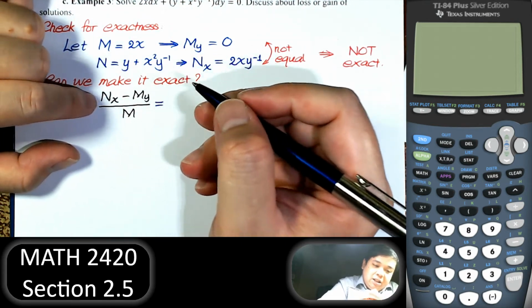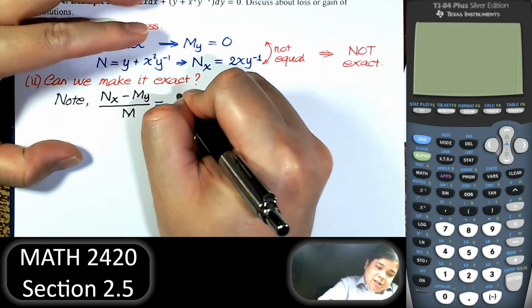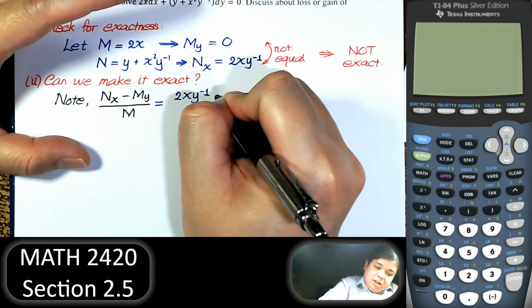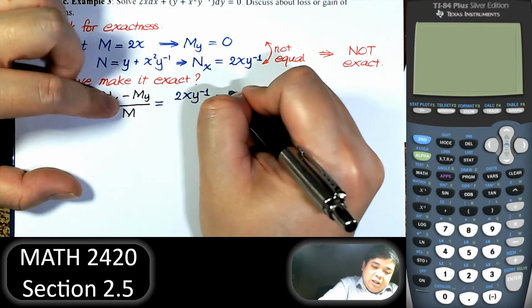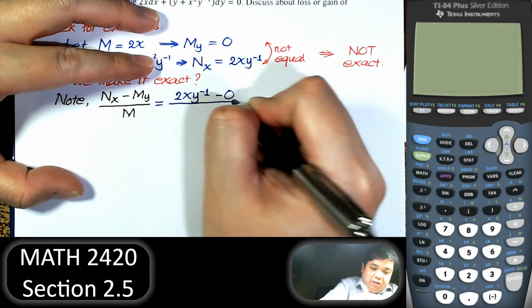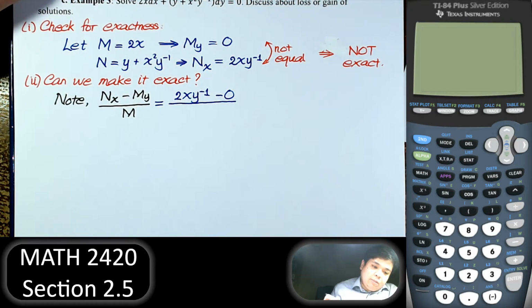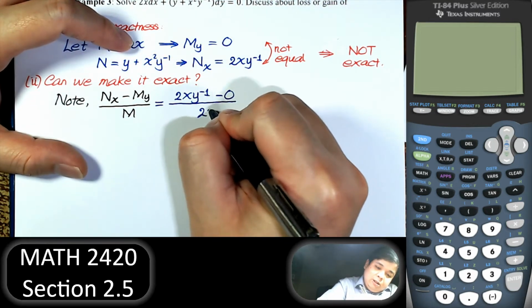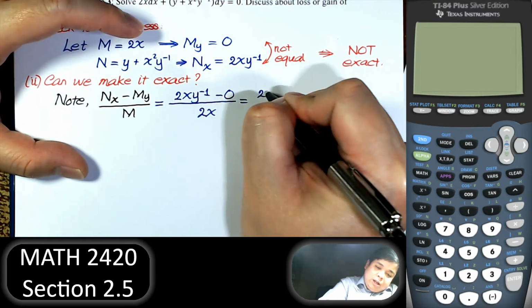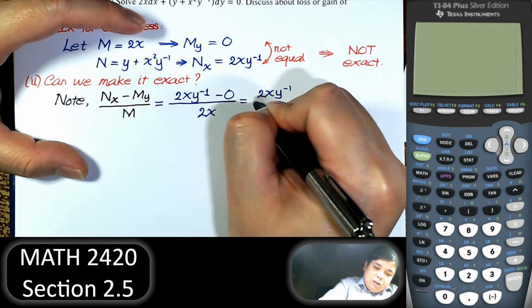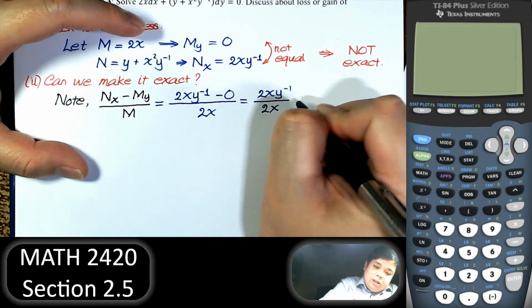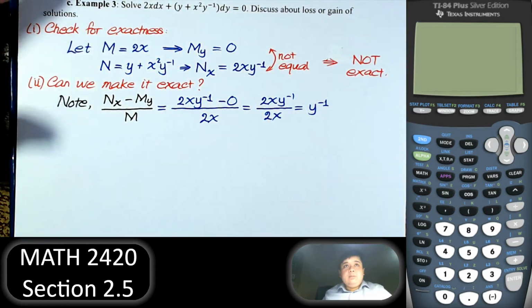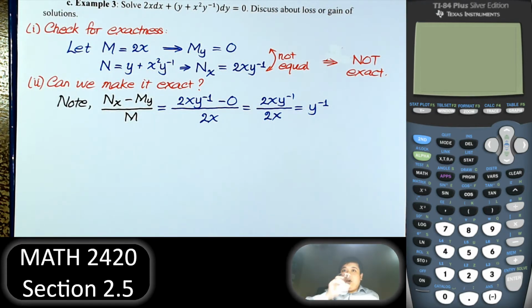So N_x minus M_y divided by M, 2x. So I have 2x y to negative 1 over 2x equal to y to negative 1. Right. So it only depends on y.